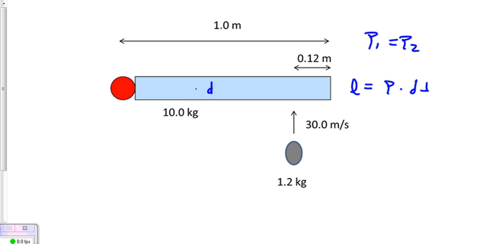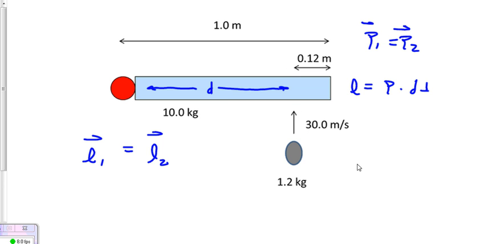I'll label that this way: how far the piece of putty is from the point of rotation. So basically, and let me put vector hats on these again, we'll actually have L1, the angular momentum of the putty before it hits the door, is going to equal L2, once the putty hits the door and it starts to swing.